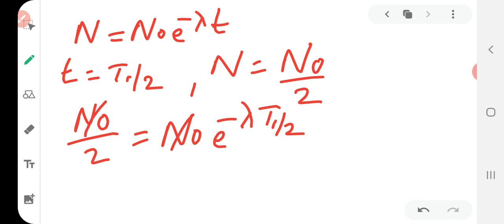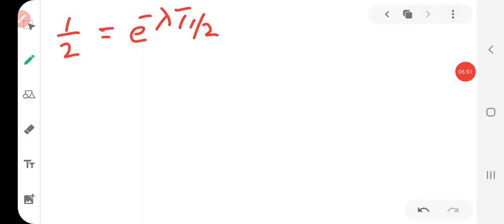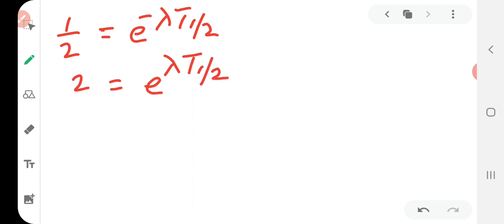n0 gets cancelled. So we get half is equal to e raised to minus lambda t half. So inverting both sides, we get 2 is equal to e raised to lambda t half. And we are taking logarithm on both sides, that is, log to the base e, which is also ln 2, is equal to lambda t half, as e gets cancelled.